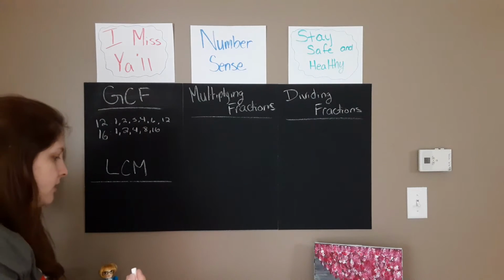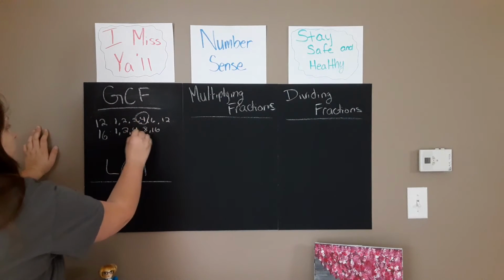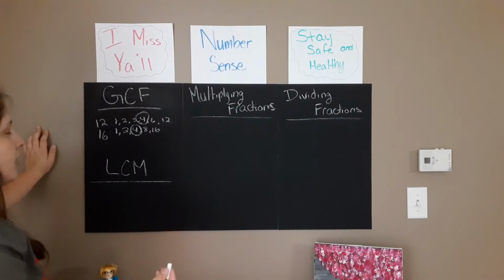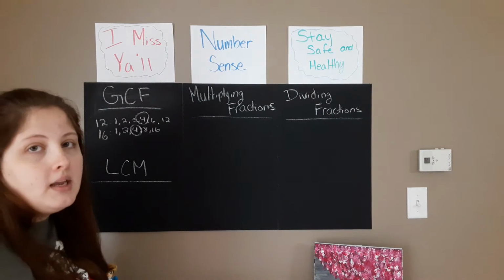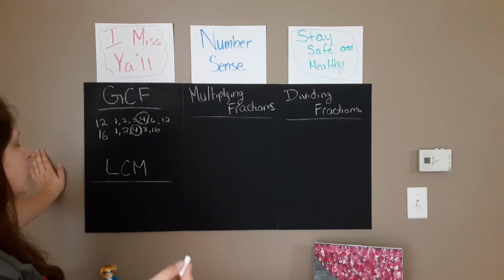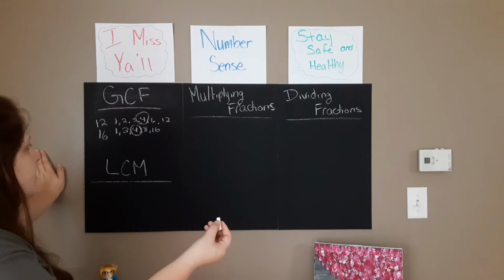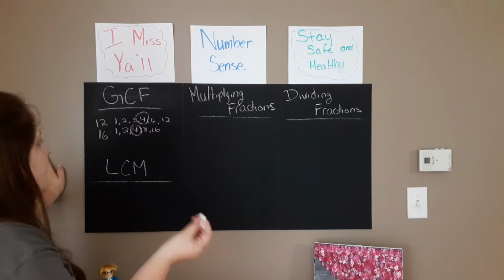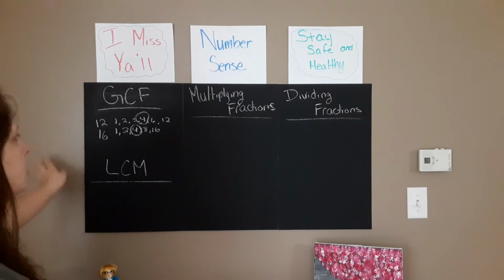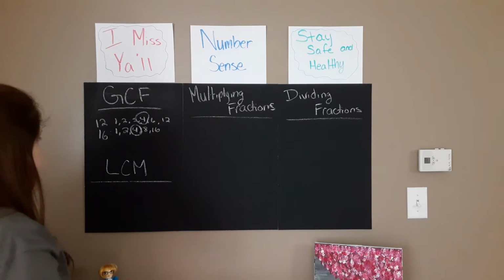So our greatest common factor would be 4, because that is the biggest number that they both have in common as factors. So 1 and 12 would make 12, 2 and 6 would make 12, 3 and 4 would make 12, 1 and 16 would make 16, 2 and 8, and then 4 and itself. So that's greatest common factor.